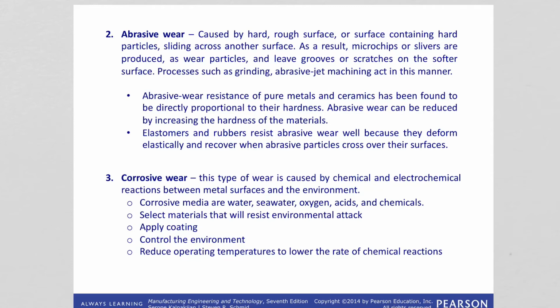The environment can be corrosive, such as water, seawater, oxygen, acids, chemicals, or atmospheric hydrogen sulfide and sulfur oxide. All these corrosive environments can result in corrosive wear. Think of corrosion like the environment eating up your material, and your material dissolving into the environment. Therefore, the fine corrosive products become the wear particles.